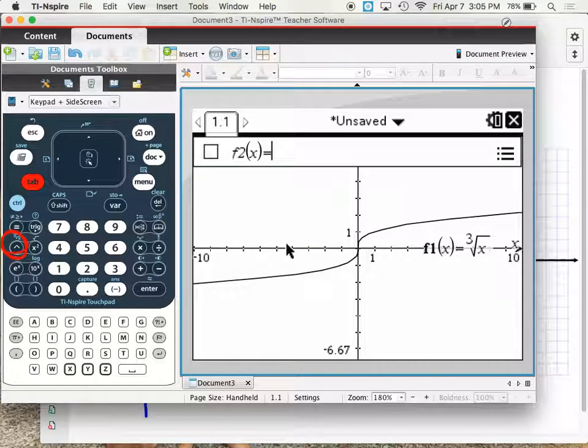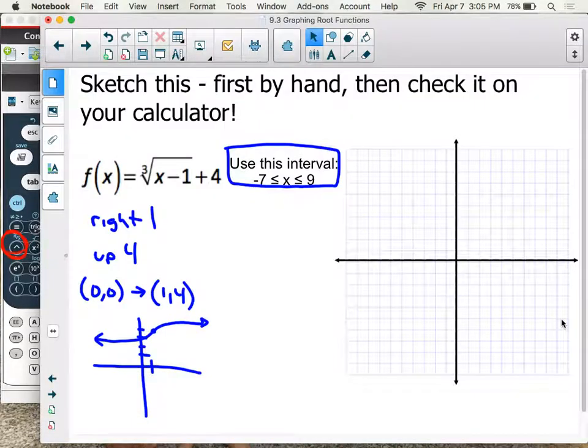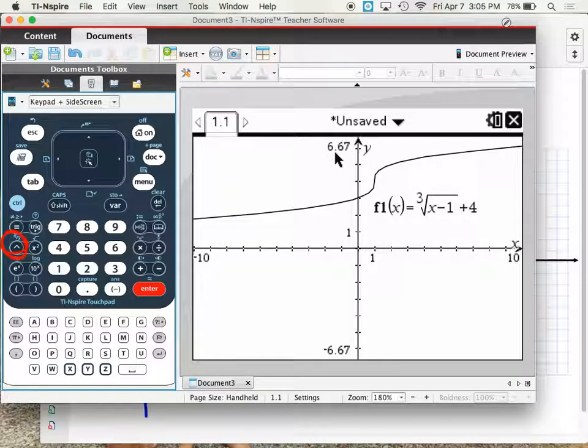I'm going to press Tab, and I'm going to go back up here. And I'm going to make it the cube root of x minus 1, get out of cube root land, plus 4. Okay, quick look. Does that equation look like the one that I want to graph? Yes, it does. The radical stops at the 1. Press Enter. Boom. See how I just kind of moved it up and over a little bit?